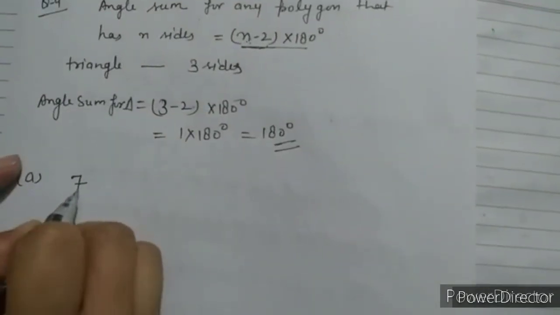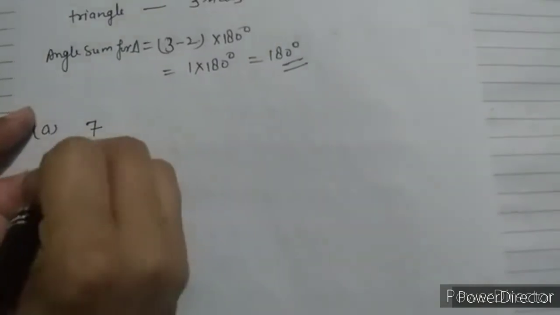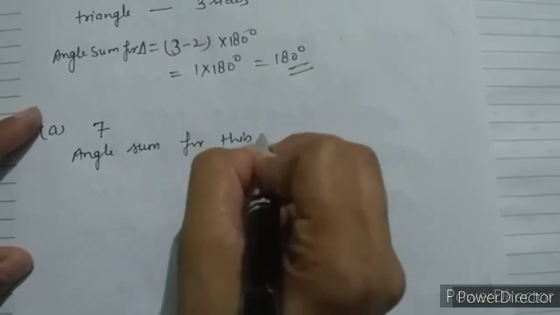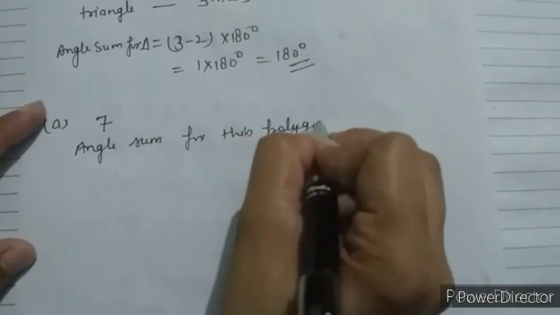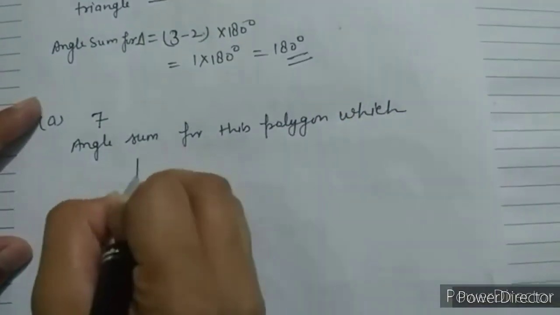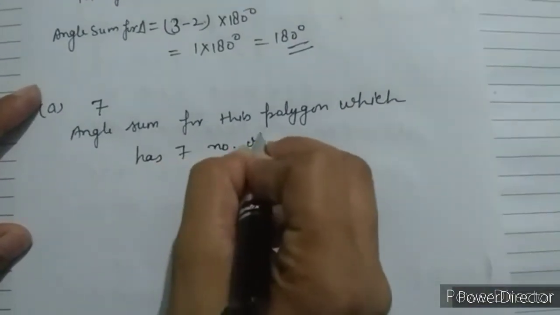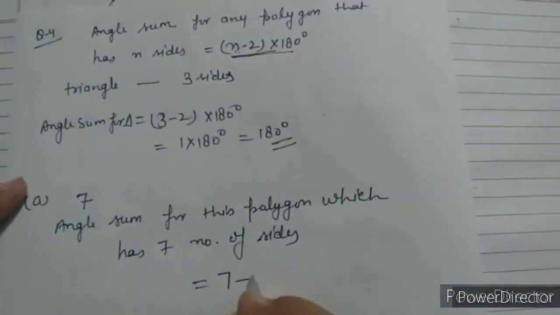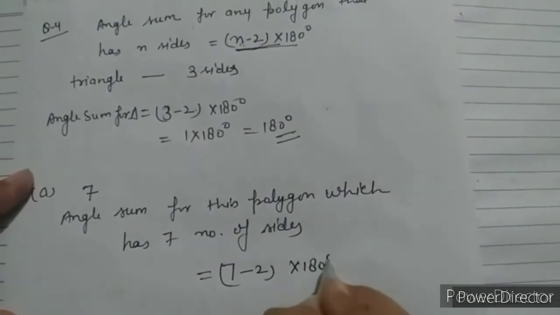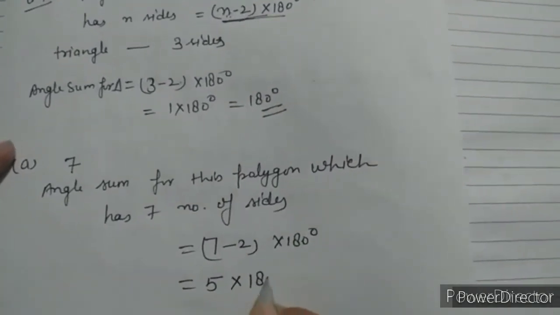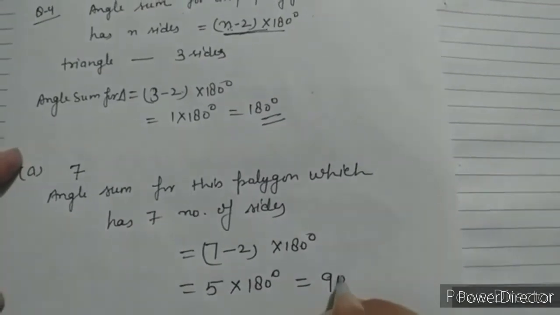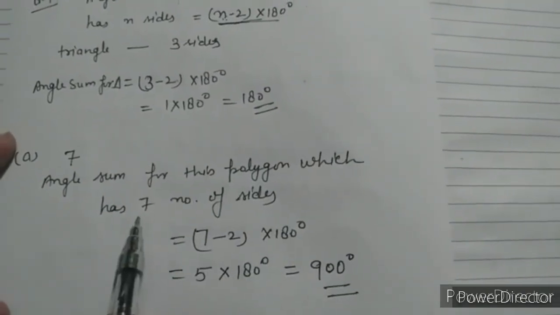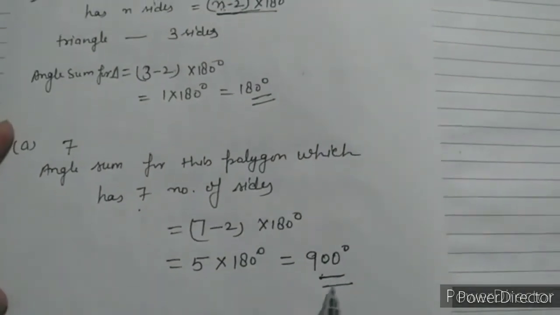And if the convex polygon has 7 number of sides, then the angle sum for this polygon which has 7 number of sides will be, applying this formula, 7 minus 2 into 180 degree, 5 into 180 degree, and this one is 900 degree. That is, angle sum for the polygon which has 7 sides will be equal to 900 degree.